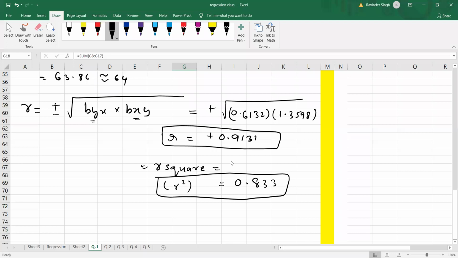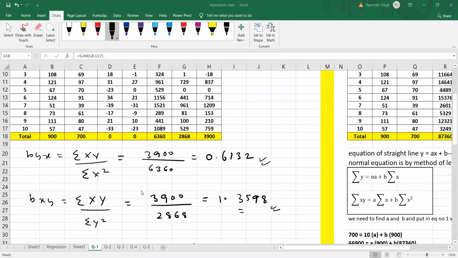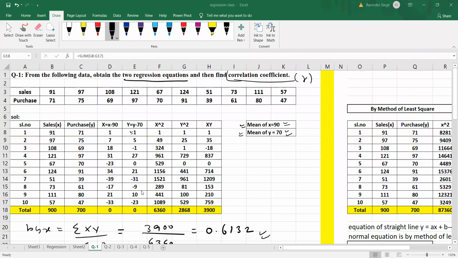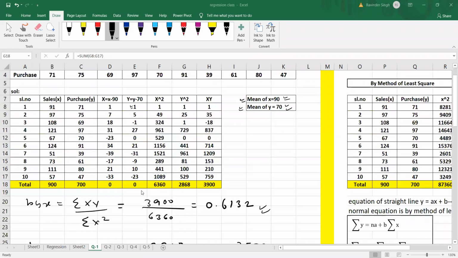Now we are done with the calculations. So any particular doubt in this set of calculation, please let me know. So now I want to show you something in the Excel sheet. So I'm copying this set of data in a blank sheet here.